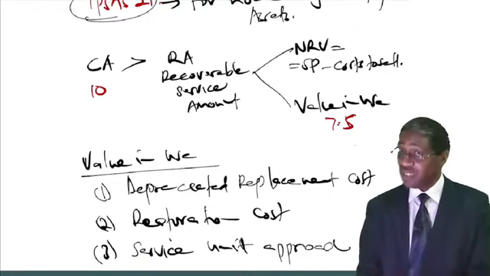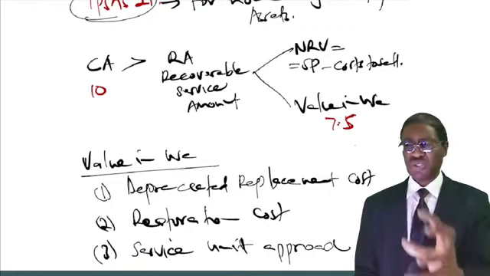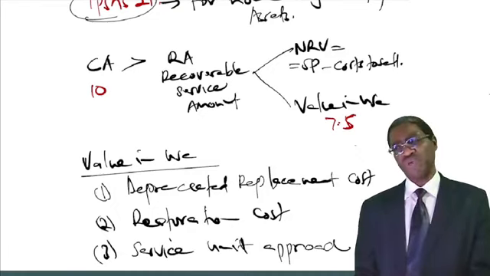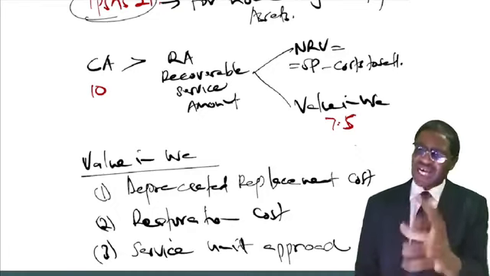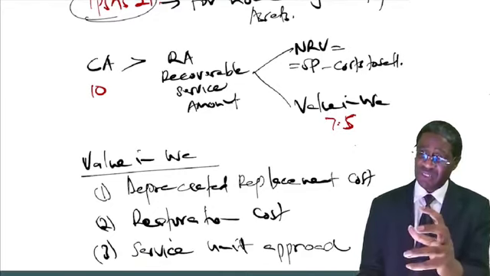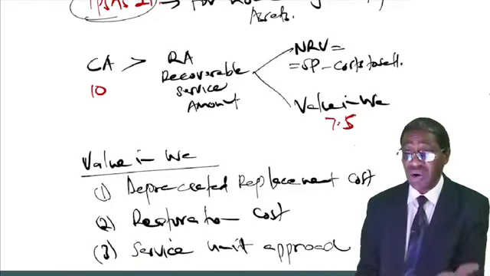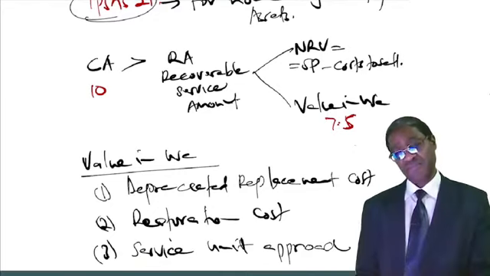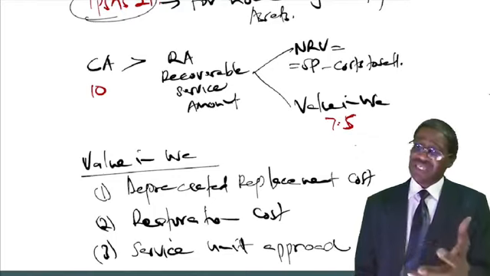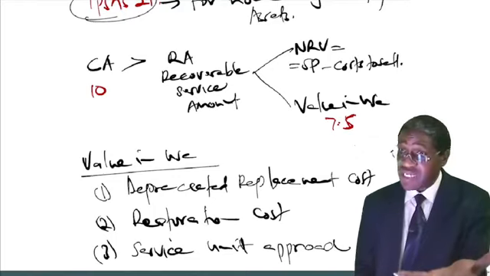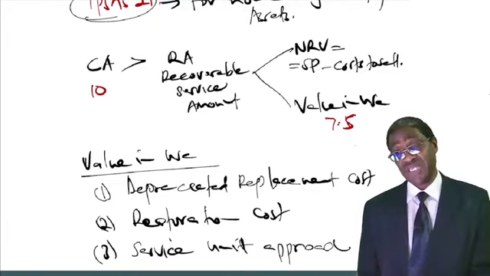Then, for most questions, you may be told that for this asset we are testing for impairment, we can't get a buyer. This is an asset that is being used for service provision by the public sector entity.